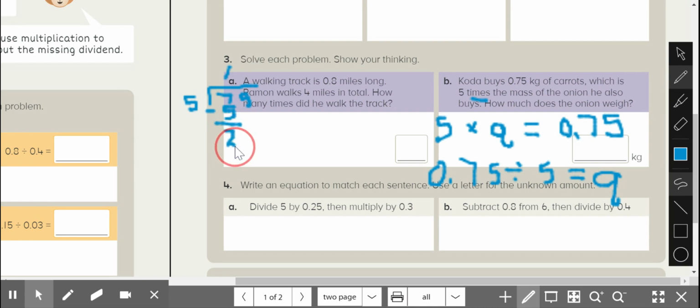We put a 2 there and then drop down the 5. 5 times something gives us 25. Well, 5 times 5. Remember that I had a decimal fraction in the hundredths place. So I'm going to go ahead and put my decimal point right there, and remember, we've got to drag it right up above that. So our answer is 15 hundredths kilograms.